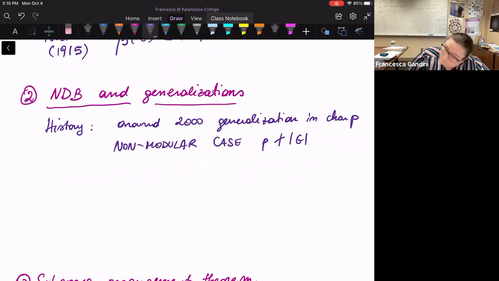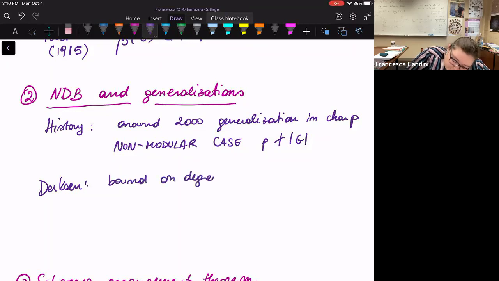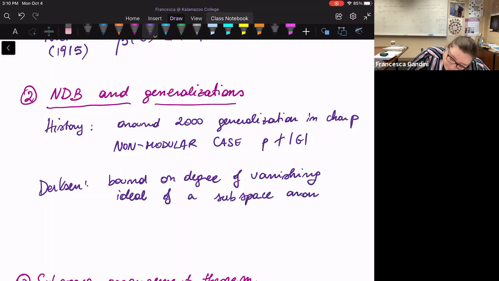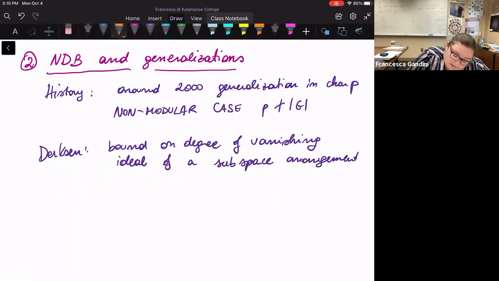And so the idea from Derksen is that if we can find a bound on the degree of a vanishing ideal of a subspace arrangement, then this bound will give us also a bound on the generators of the invariant ring.